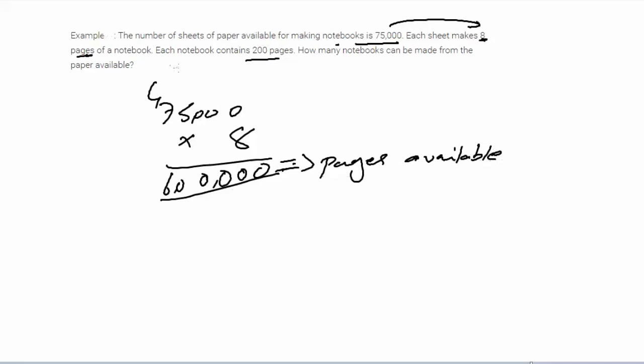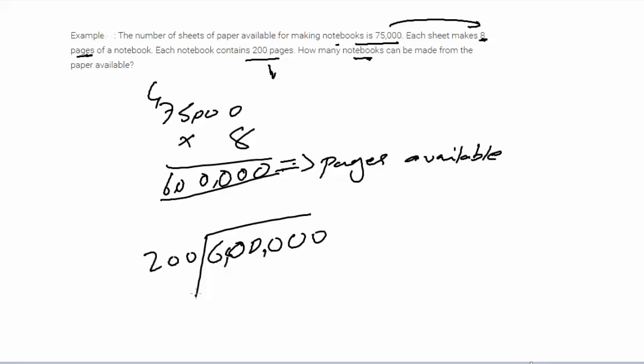Now you will have to find the number of notebooks that can be made. So how many pages does each notebook contain? It is 200, and you have 6 lakh pages. So you have to divide 6 lakh by 200 to get the number of notebooks. So let's divide. That's 6 lakhs divided by 200, and this is your general division.